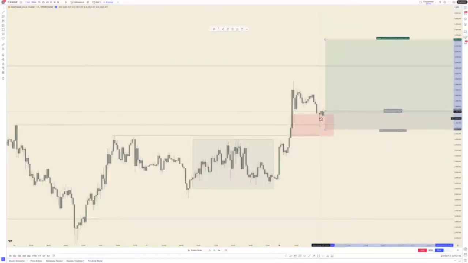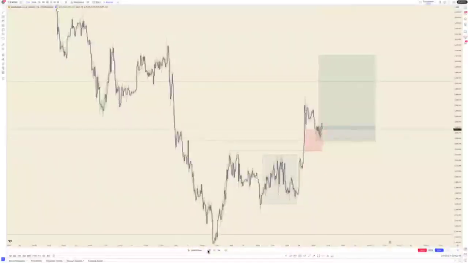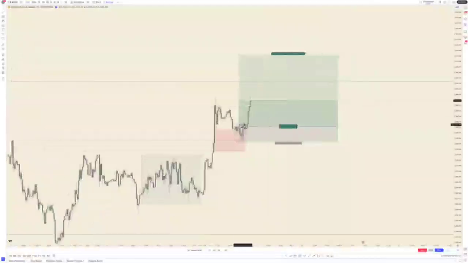I say it's a 15 minutes rejection here, and then a 15 minutes engulfment here, rejection here, engulfment here. So if we see continuation of the engulfments moving forward, you could take the risk and buy in here.